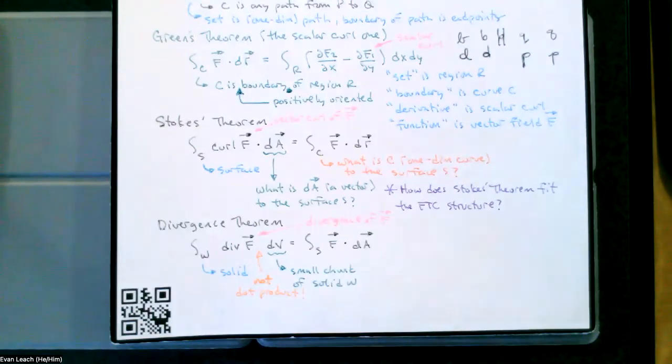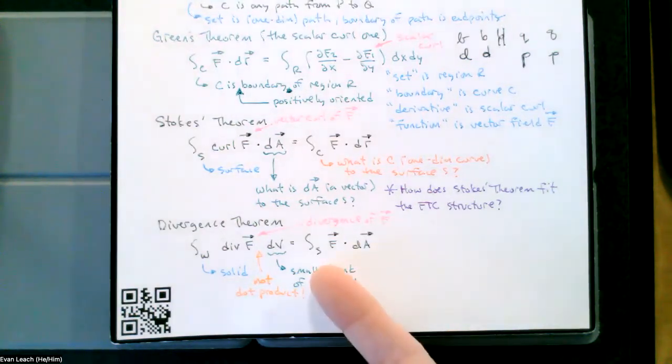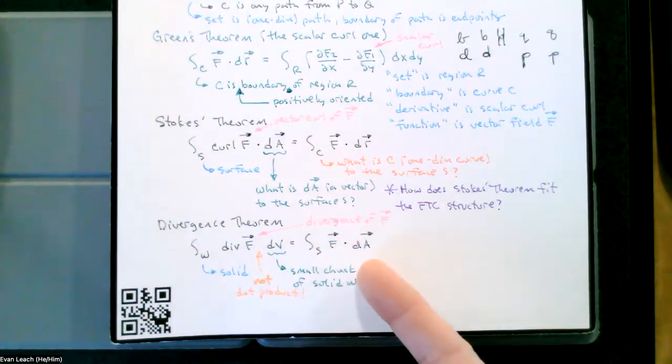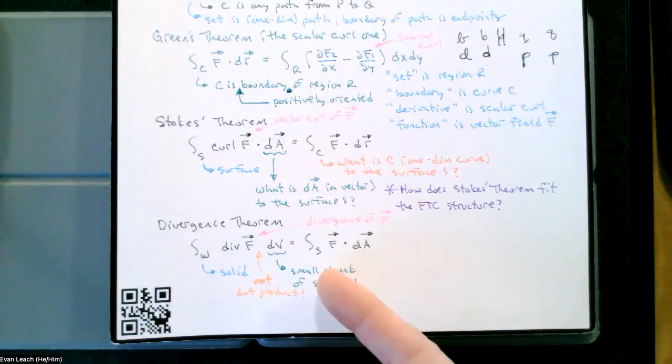But this raises the same similar 3 questions that we had in the previous problem. What is S to the solid W? We still want to know what dA, the vector, is to the surface S. And now we've got this vector field.